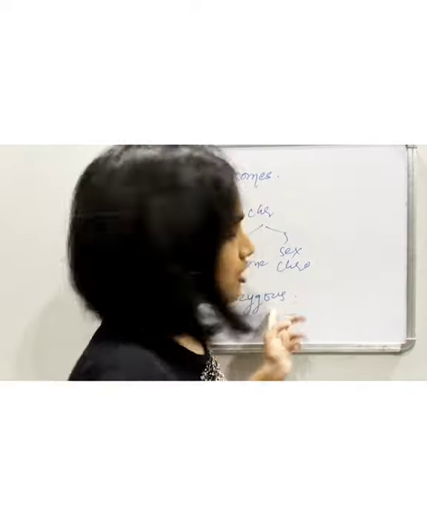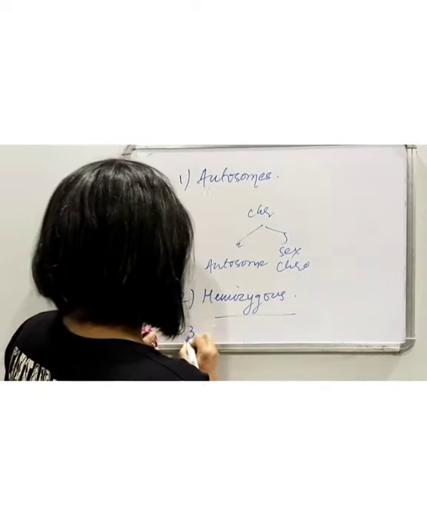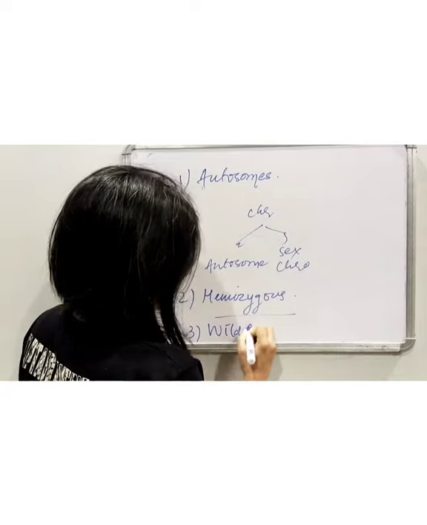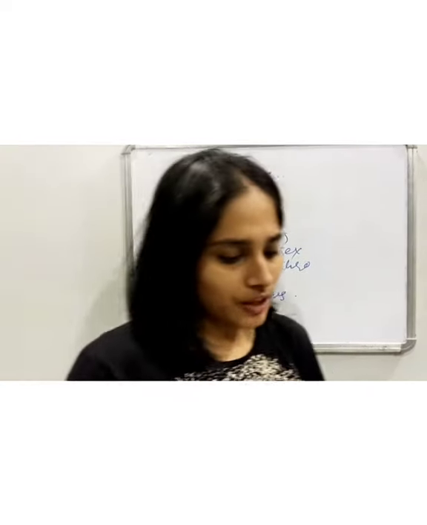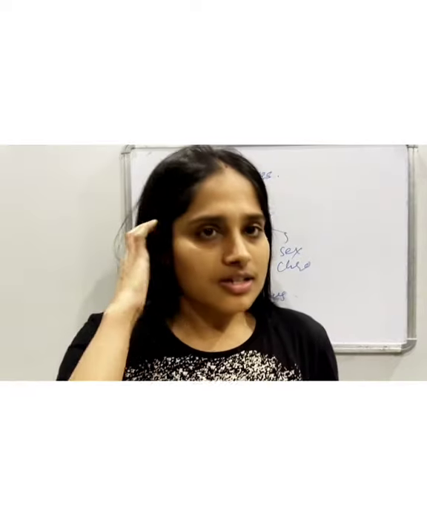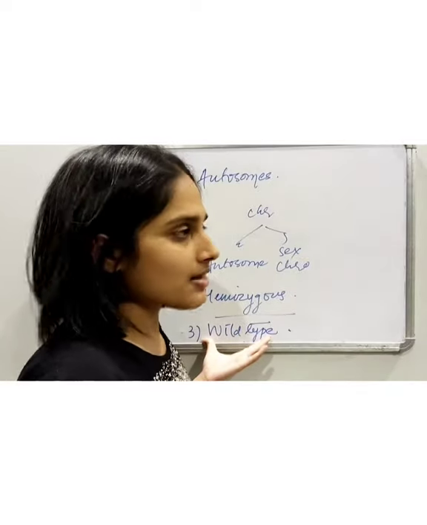That condition is known as the hemizygous state. And then the third term is wild type. Wild type is the typical form of an organism, strain, gene or character which occurs in nature.